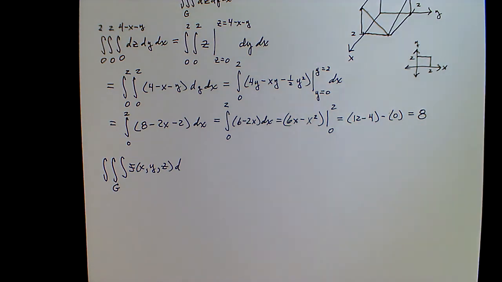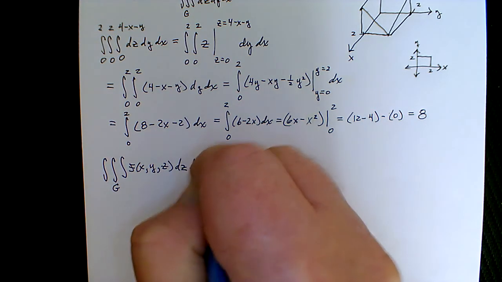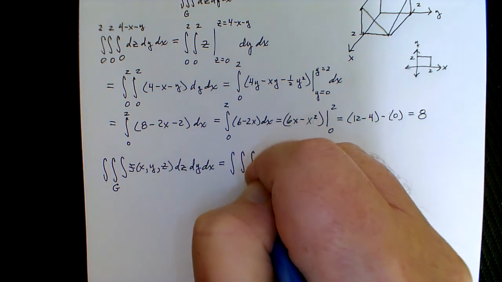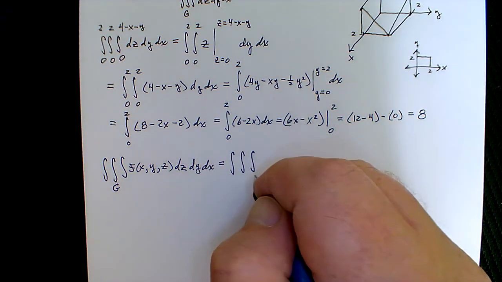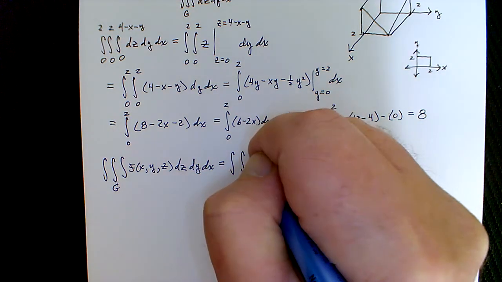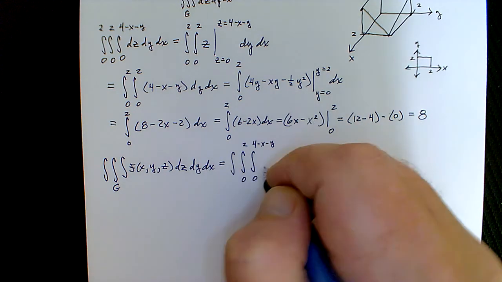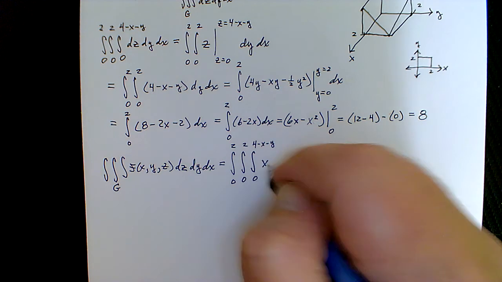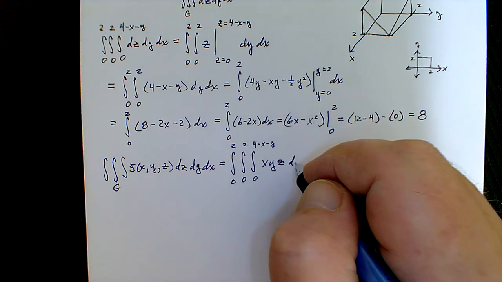So that's the triple integral. Okay, and now we have essentially the same limits of integration. 0 to 4 minus x minus y, 0 to 2, and 0 to 2. But now we have the function x, y, z. And again, we'll go in the order dz, dy, dx.